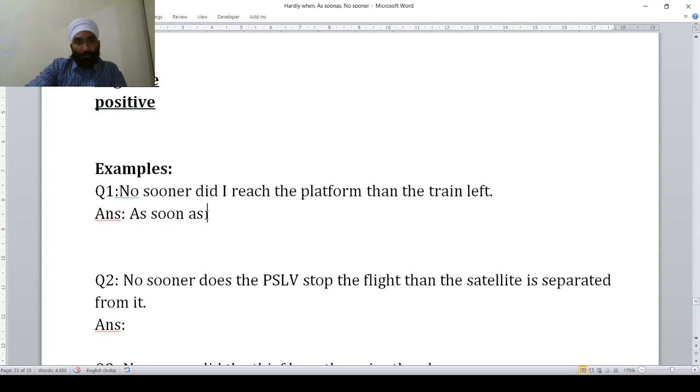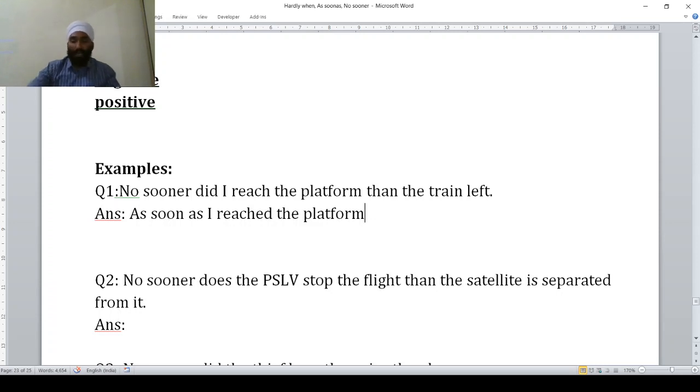So in the sentence of as soon as, we don't use do, does, did, and this did will be added to the main verb reach and it will become reached. After as soon as, we use the subject. So I is the subject here, I. Now reached, the ed form of the main verb will be there. The platform, remaining sentence as it is.